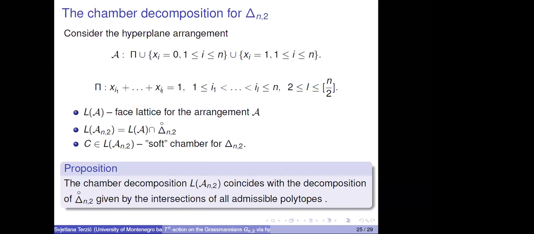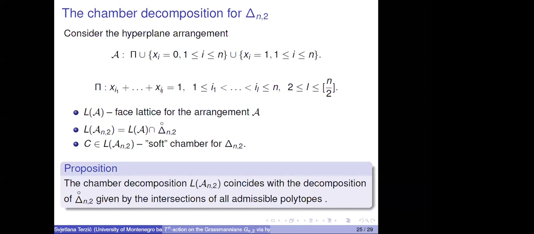And we consider the face lattice for the arrangement A, and the intersection of this face lattice with the interior of delta n2, and the elements of this decomposition we call, so in this way we get a decomposition for the interior of delta n2, and we call it the soft chamber decomposition.